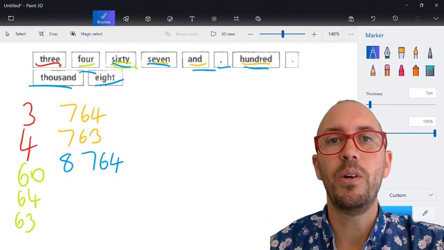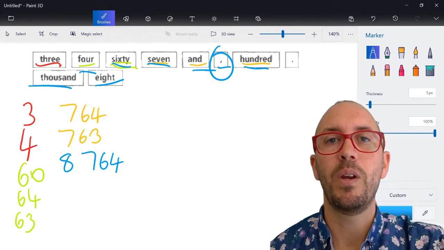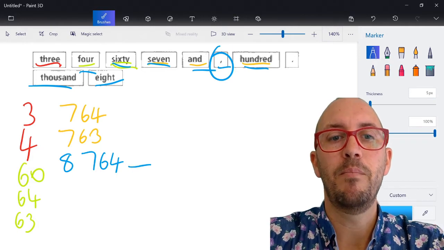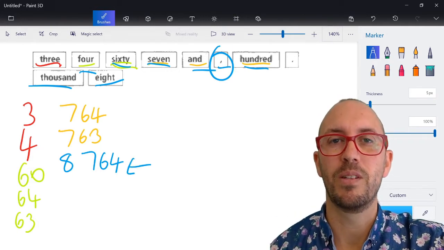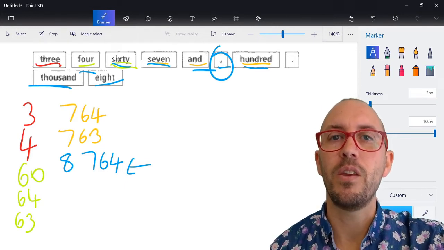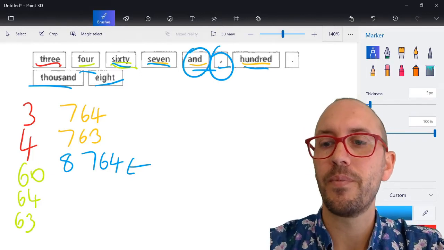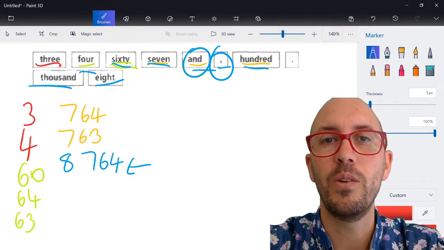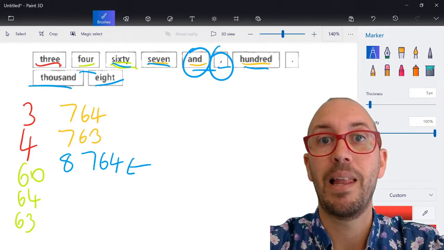Notice when you write the word, you use the comma, but when you write the number using digits, you don't put a comma because the comma can get confused for a decimal point. Now you can get quite inventive with this, using that and, because we can use the and to show that there is a blank place.